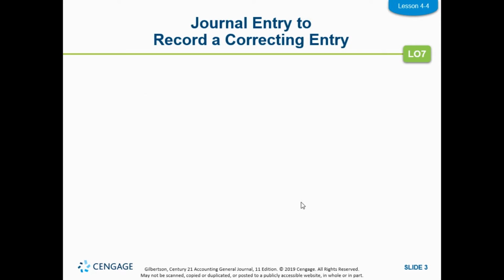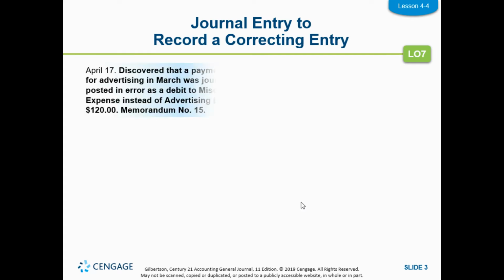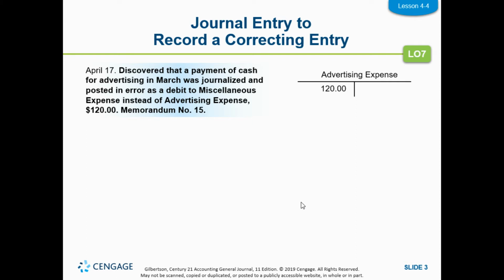Okay. So if we make an entry in a journal and discover that a payment of cash for advertising in March was journalized and posted in error as a debit to miscellaneous expense instead of advertising expense, memorandum number 15. Okay. So we're going to debit advertising expense. Again, what's the impact on our accounts?